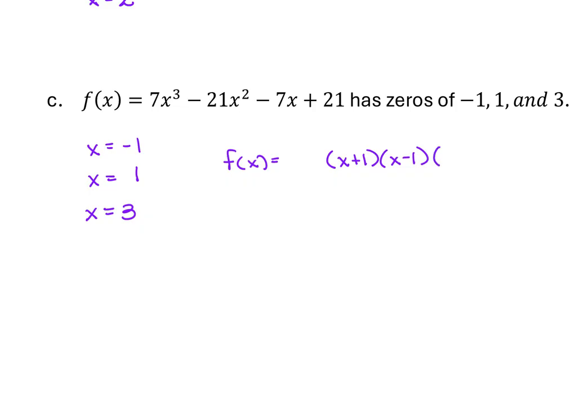And x equals 3 becomes a factor of x minus 3. The last thing we need is our leading coefficient. It was 7 in our original problem, and it is going to stay a 7 in our factored form.